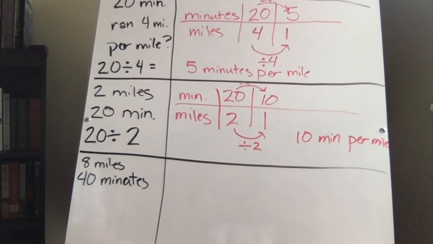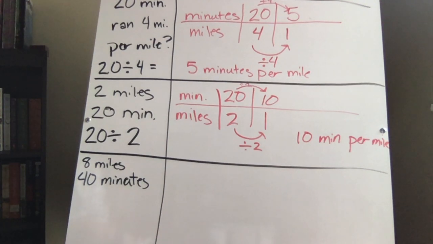If a student ran 8 miles in 40 minutes, how fast was she running? What was her pace per mile? How long would it take her to just run 1 mile at that pace?